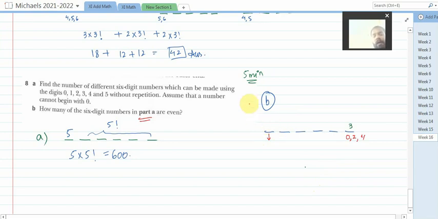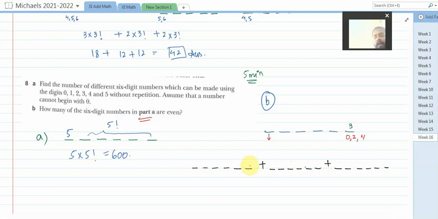Now we have different cases. Why? Because these 3 numbers can be used at the end as well. So I will make cases here, three cases. For even numbers we have either 0 at the end, or 2 at the end, or 4 at the end, right?